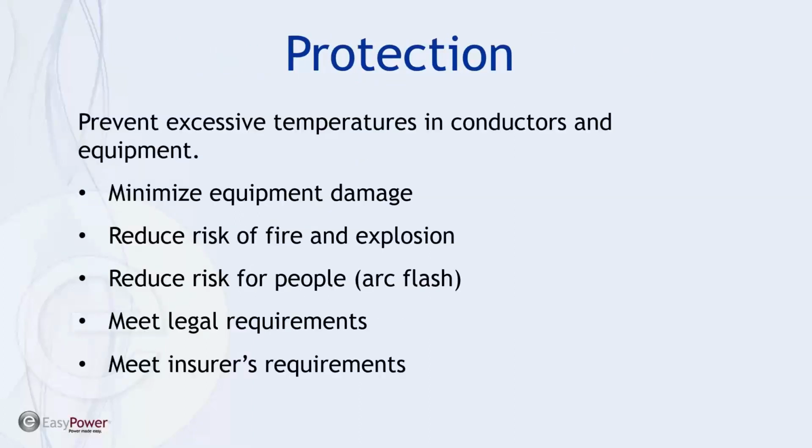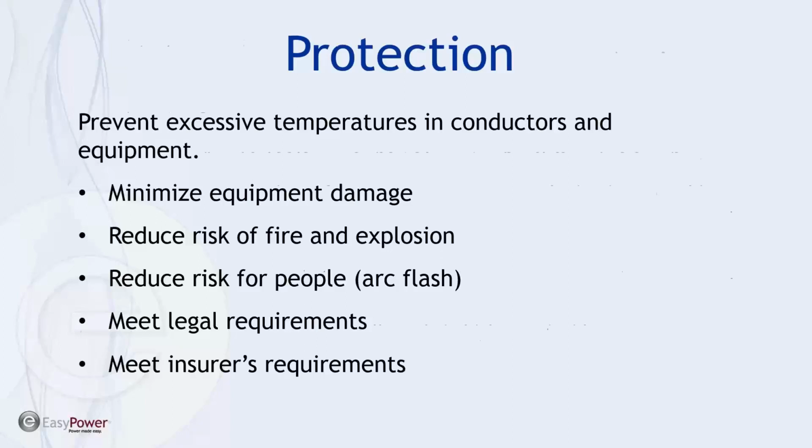Now, as we covered in more detail in the first installment last week, protection is pretty much a necessary factor in the design to prevent equipment damage, reduce the risk of fire or explosion, increase the safety for personnel in the area, and potentially meet legal requirements and insurer requirements.